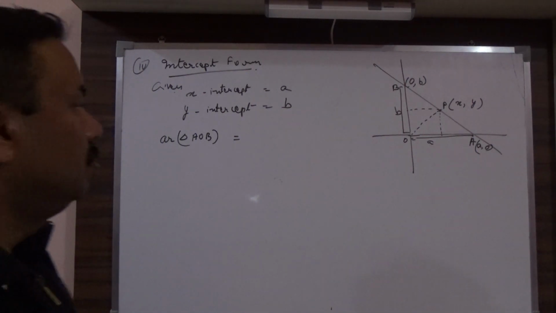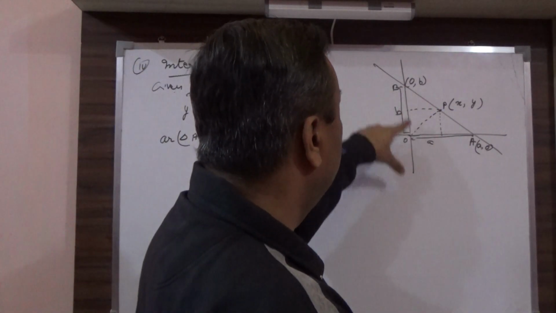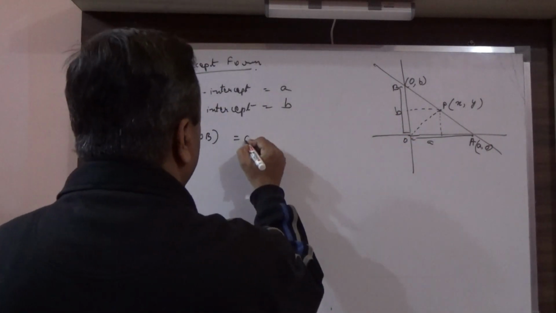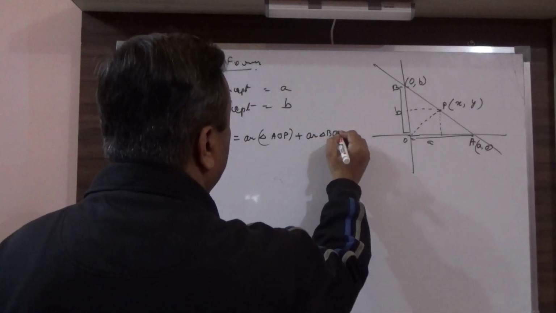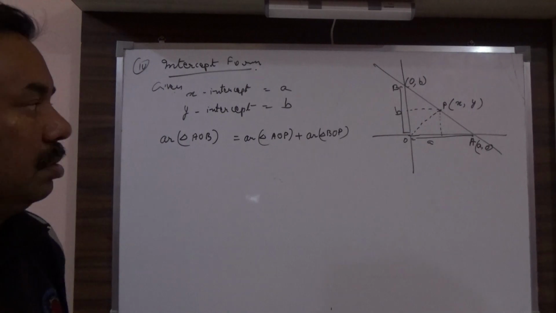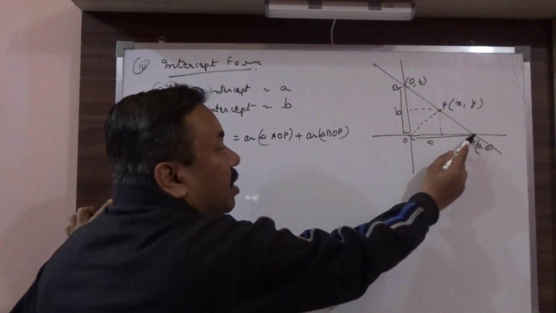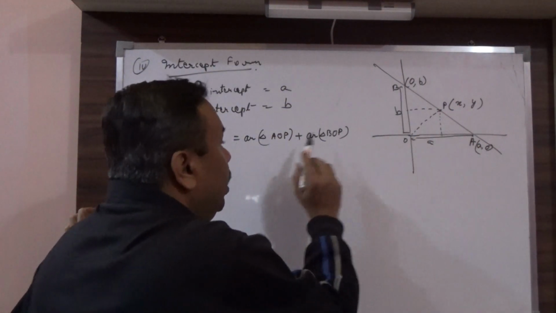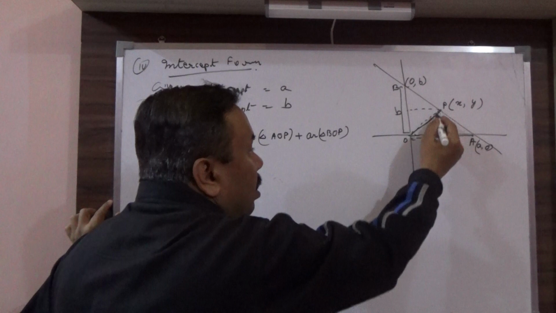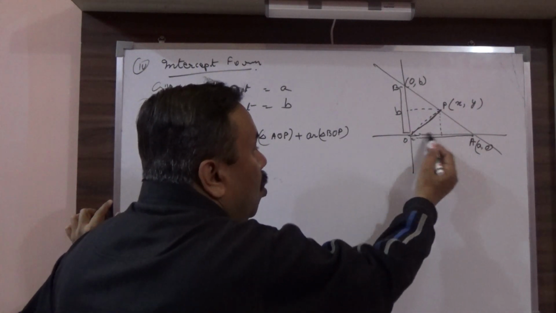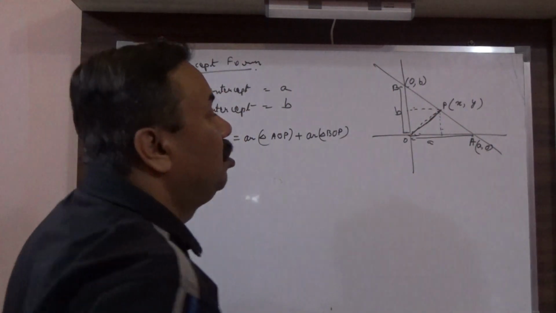This will be equal to the area of AOP plus the area of triangle BOP. AOB is this complete triangle, and I have divided it by this line. So the area of this triangle, that is AOP, and the other, that is BOP. If I add the area of these two triangles, I will get the area of AOB.